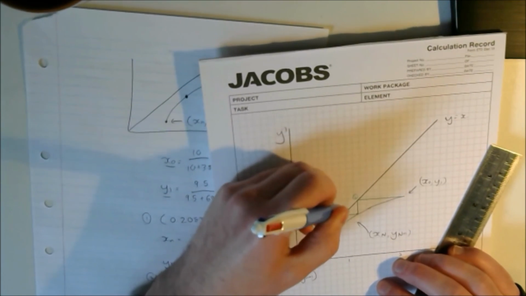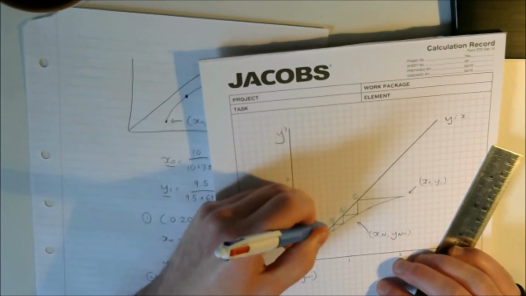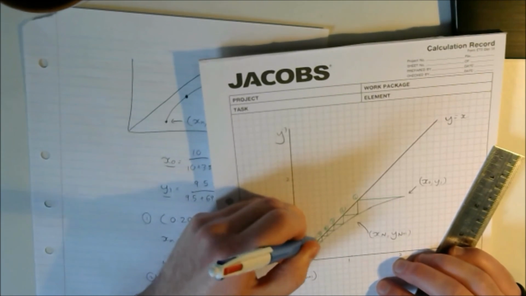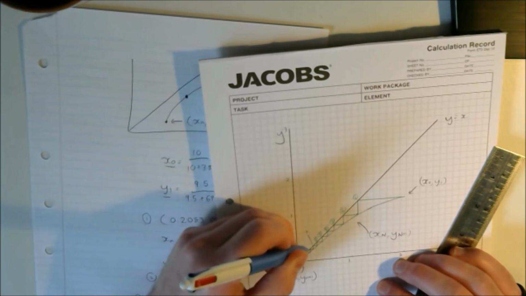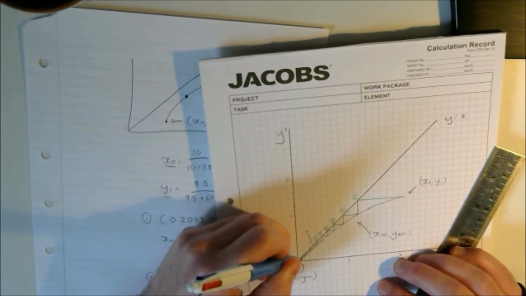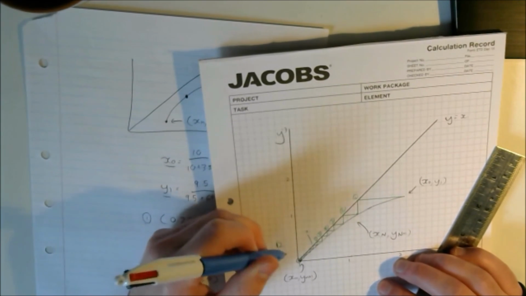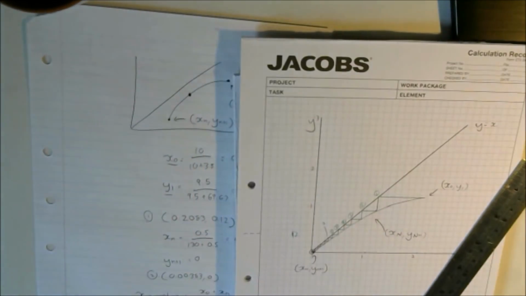So we've got 1, 2, 3, 4, 5, 6, 7, 8, 9, 10, 11, 12. 12. Remember, those are ideal stages, so we're not quite done.